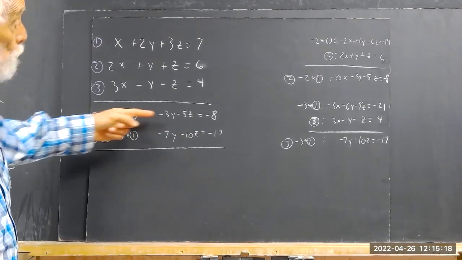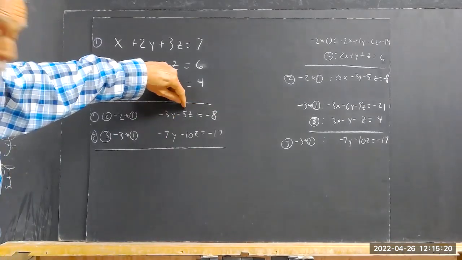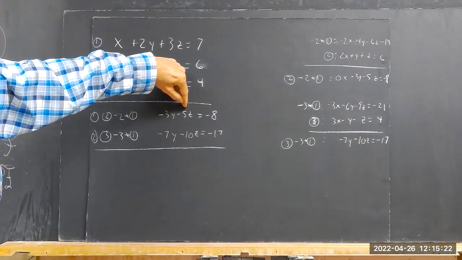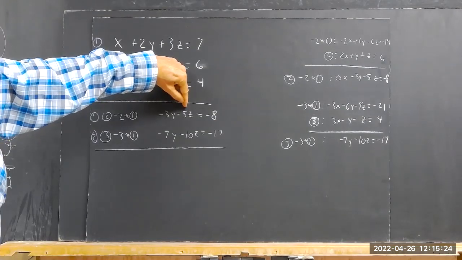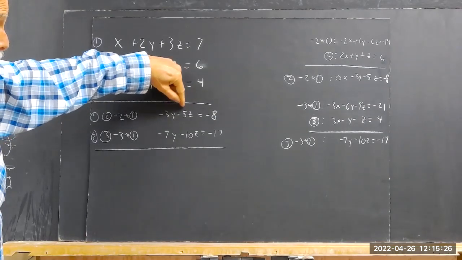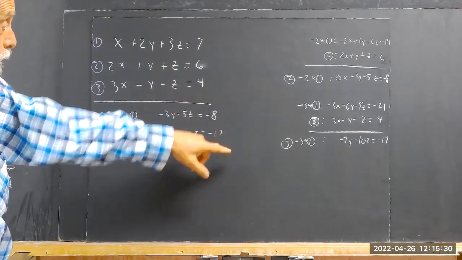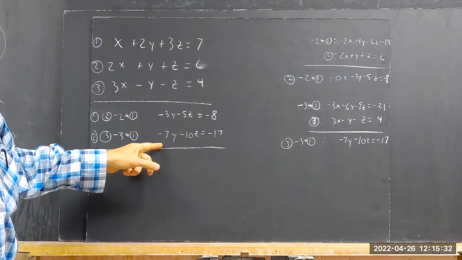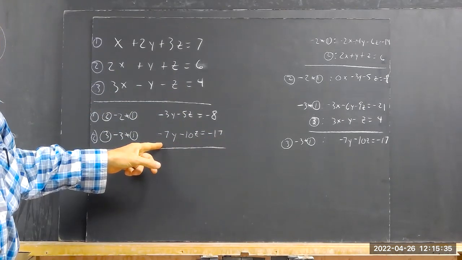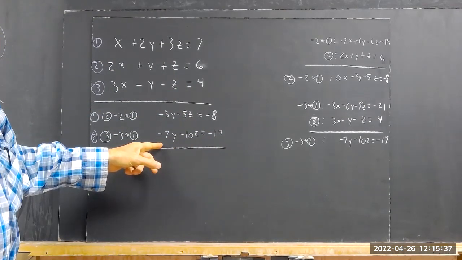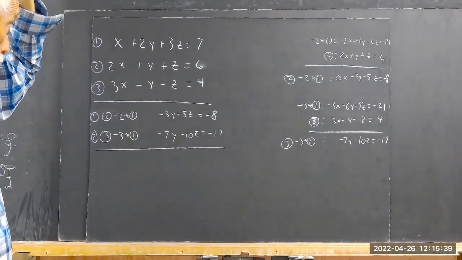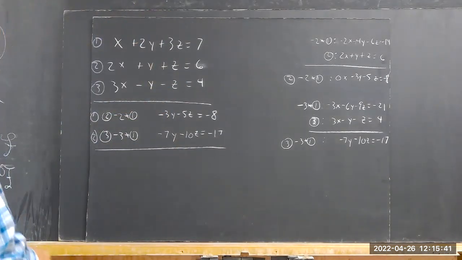If I do -2 times the first equation, I would get a positive 10Z, because -2 times -5 is 10. So that when I add the equations, Z is going to go away and I end up with just an equation in Y. And that's probably what I'd do. But just to illustrate what happens if they don't match up, I'm going to do this.